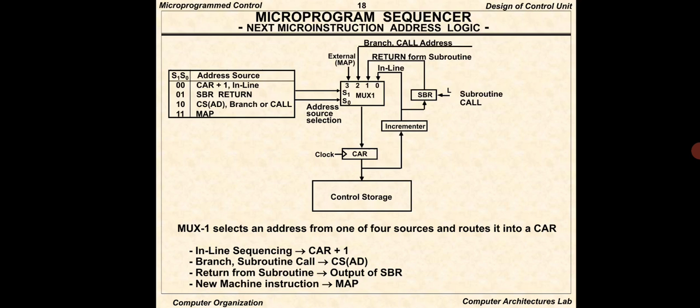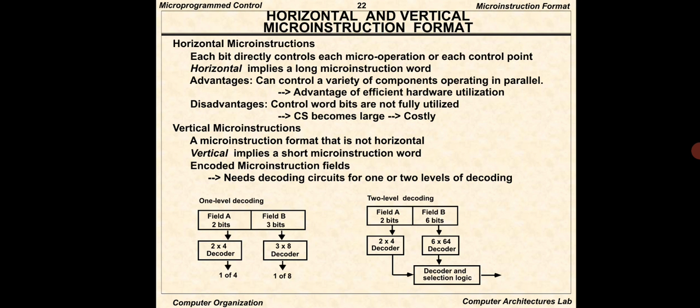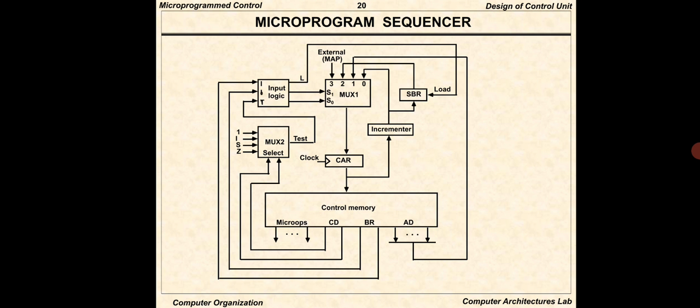The same thing has been drawn over here. Next, the address field will be giving you the address of the call, branch, or jump instruction. Then the output, based upon CAR, is given to the address of this particular control storage memory or control memory, and it executes the next micro instruction. This is your micro program sequencer.